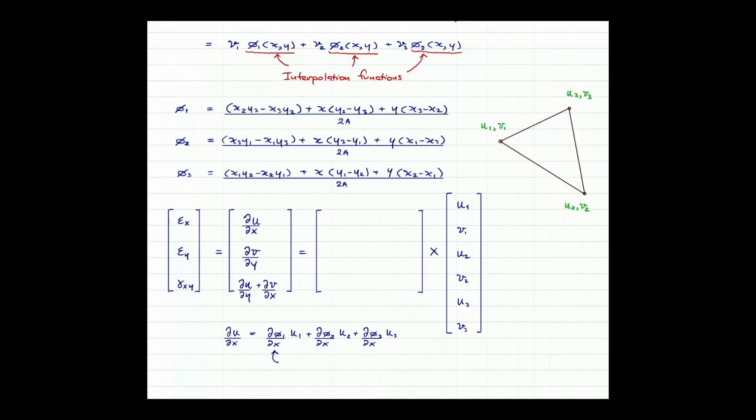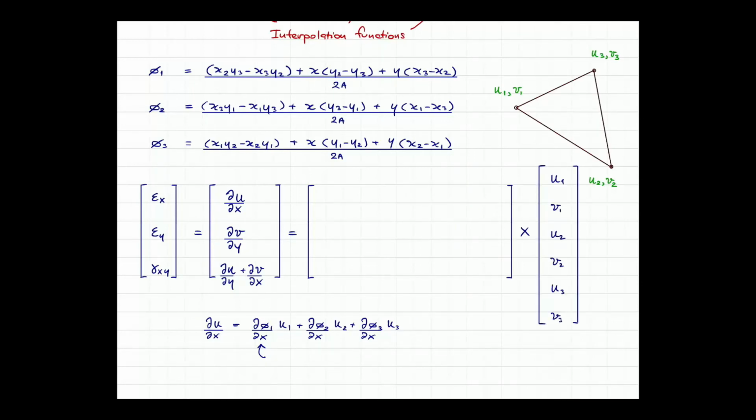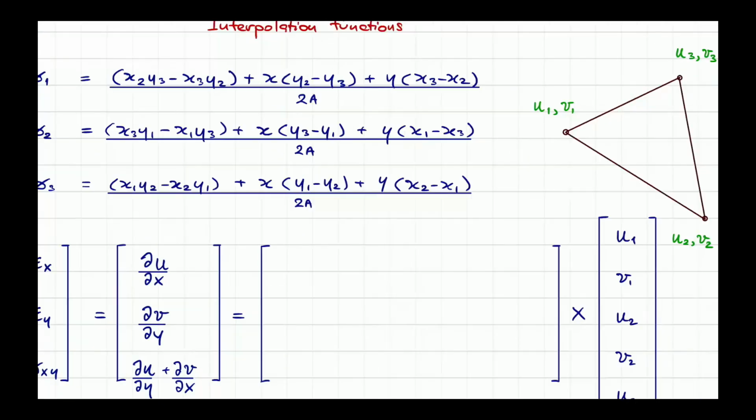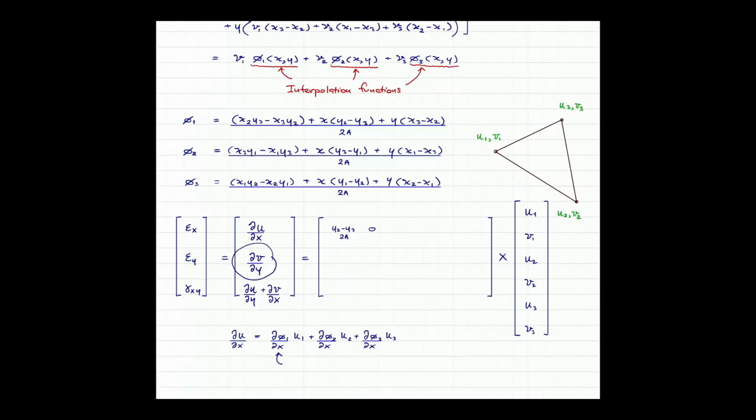So I am going to put all that in. First of all, we have y2 minus y3 over 2a, 0. The next one, derivative of v with respect to y.